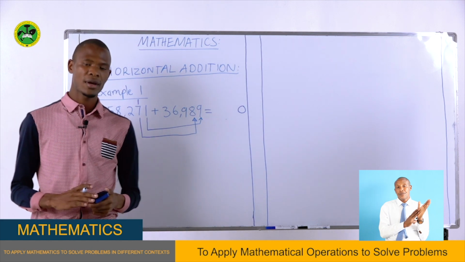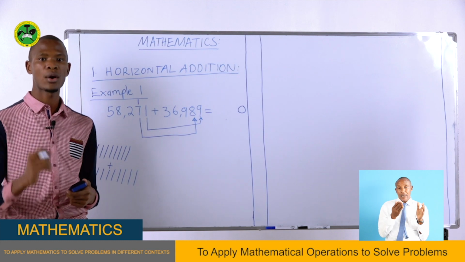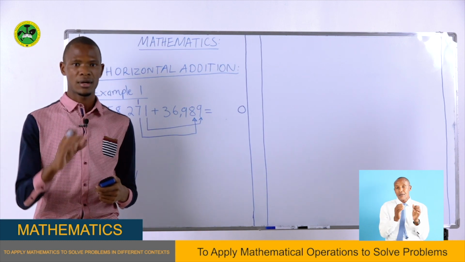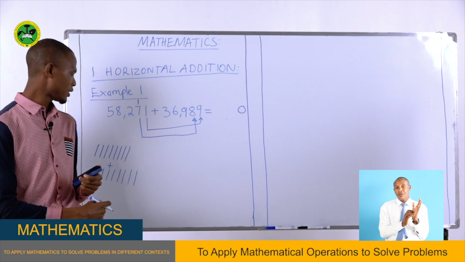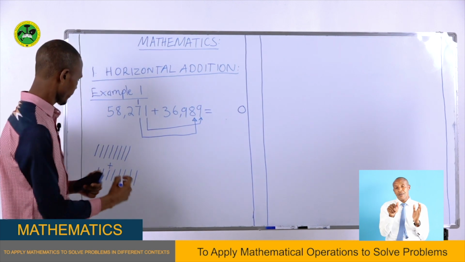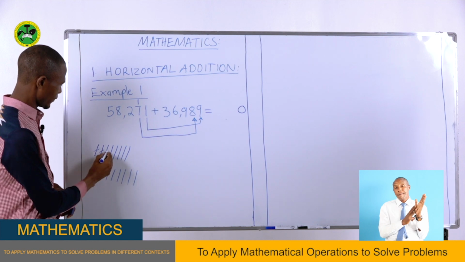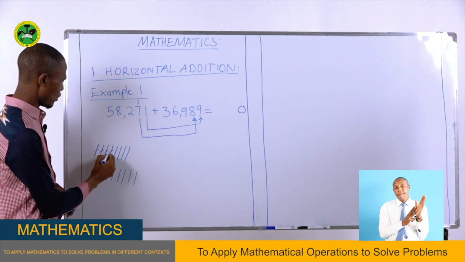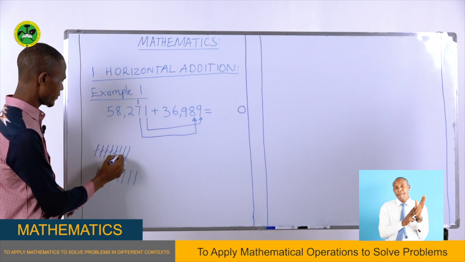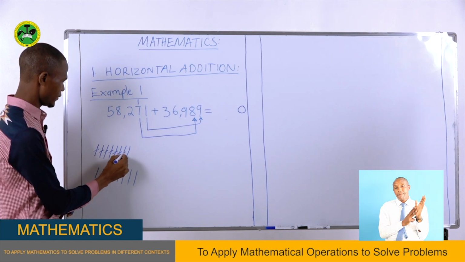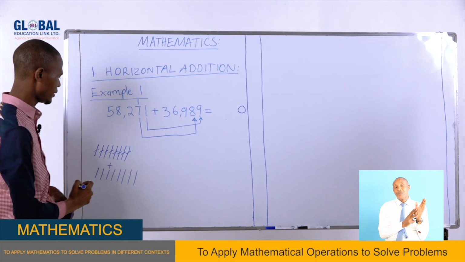Dear pupils, after we have done so, now we need to count all of the tallies. 1, 2, 3, 4, 5, 6, 7, 8.